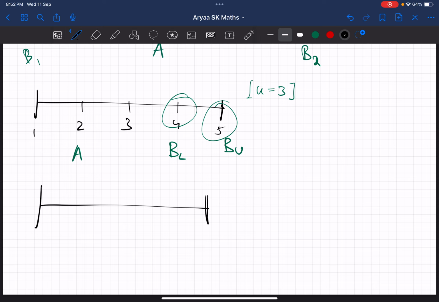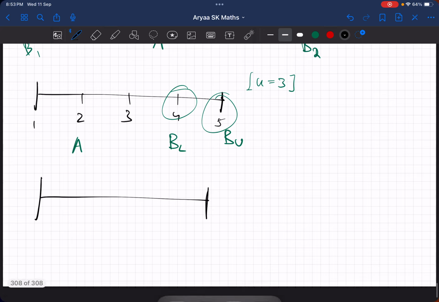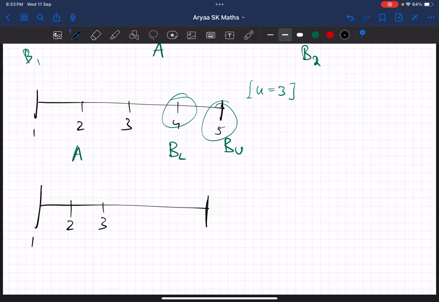Let's have a line of 6. 1, 2, 3, 4, 5, 6. And I'm going to try to put K as an even number. Maybe this will work. So if I put A over here, 1, 2, 3, 4.